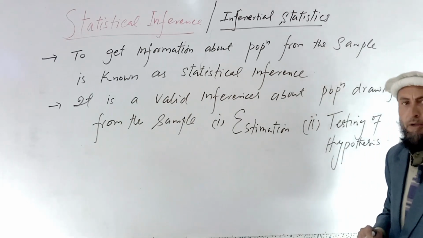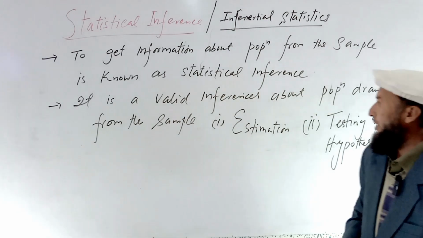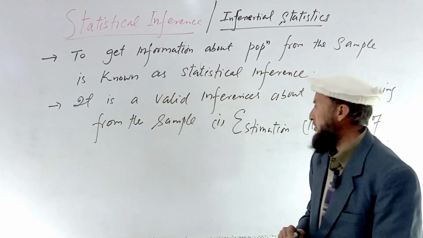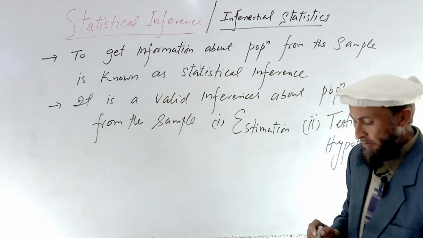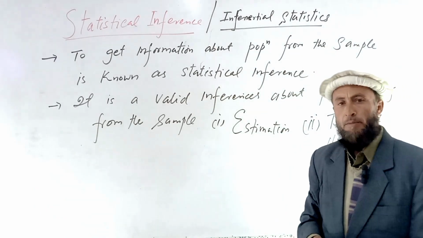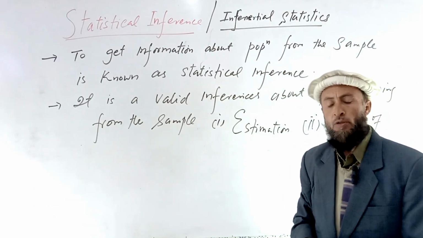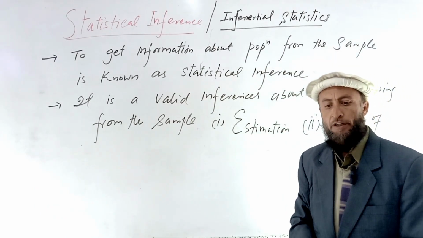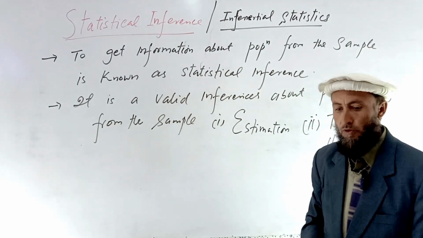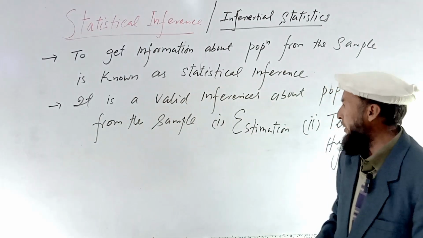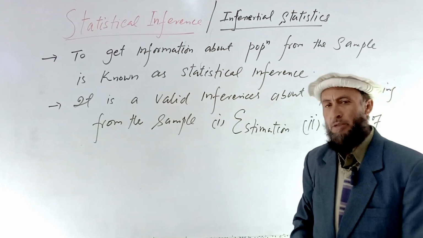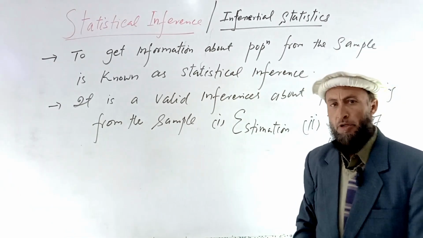These are the two main branches of statistical inference. The first one is estimation. What is estimation? It is a procedure by which the value of an unknown population parameter is calculated from the sample values. It is further divided into two types, point estimation and interval estimation.